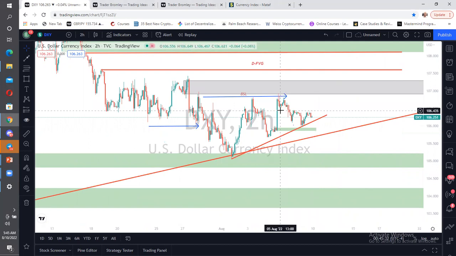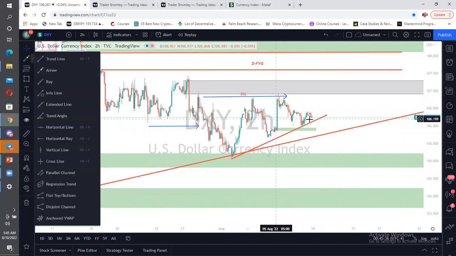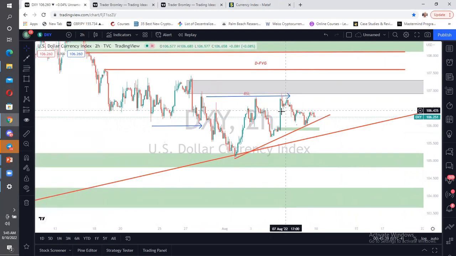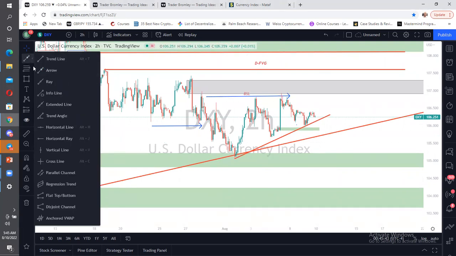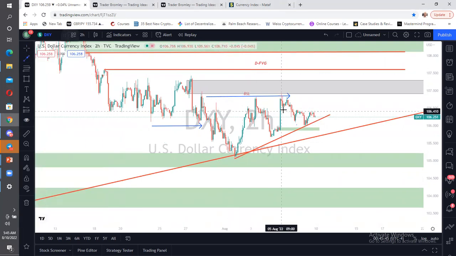So it has broken the structure here to the downside. Broke the structure to the downside. They want to see this. This H1 will be.